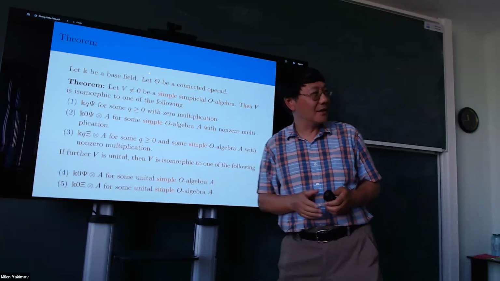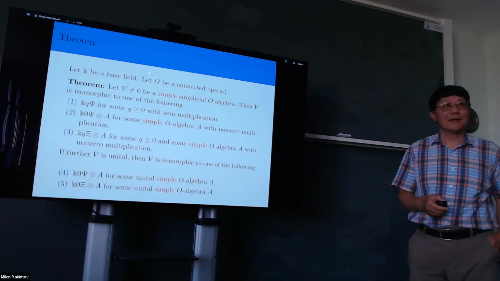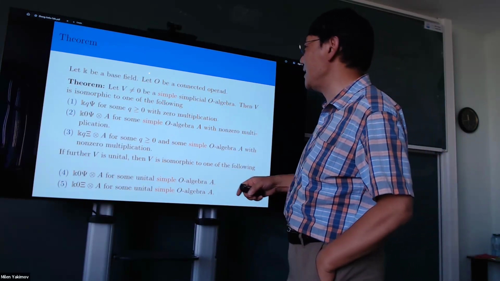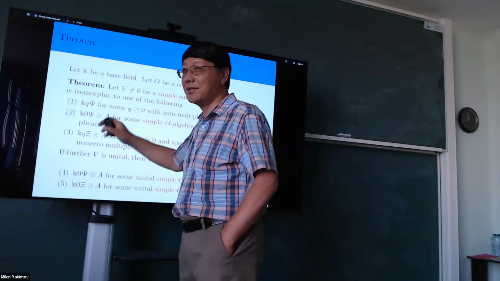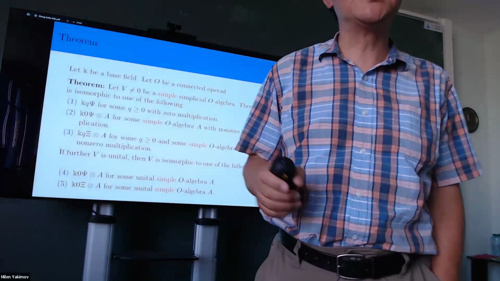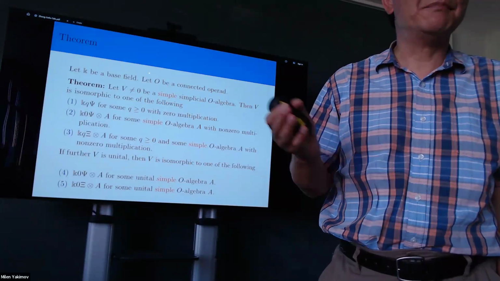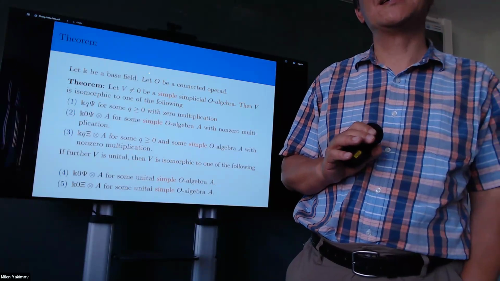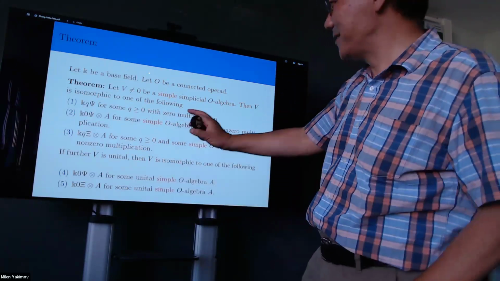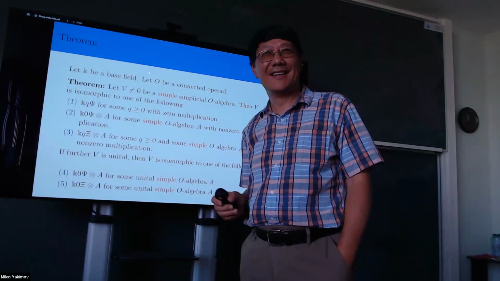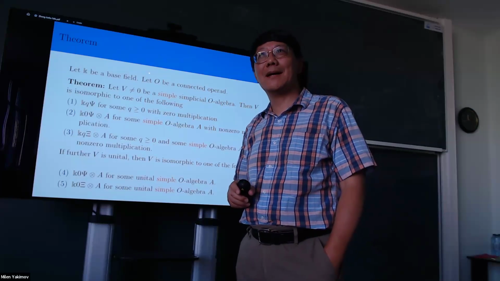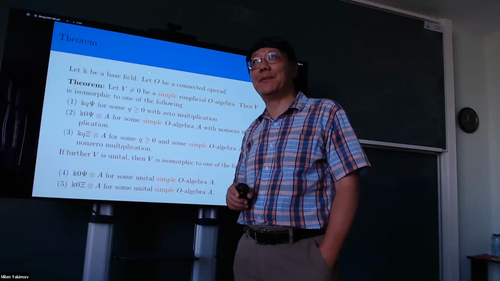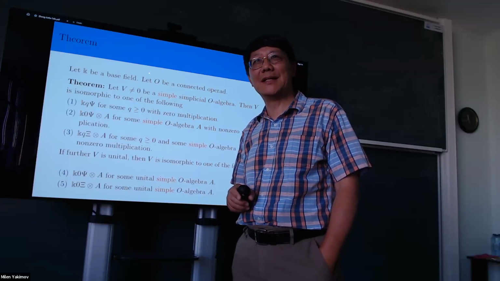hypotheses on the operad. Sorry, but the field is not a great feature. I should say that K is a Mitchell field at this point. No assumption on the characteristic or anything, any field. I'm not quite sure if we can replace K by a commutative ring at this point.